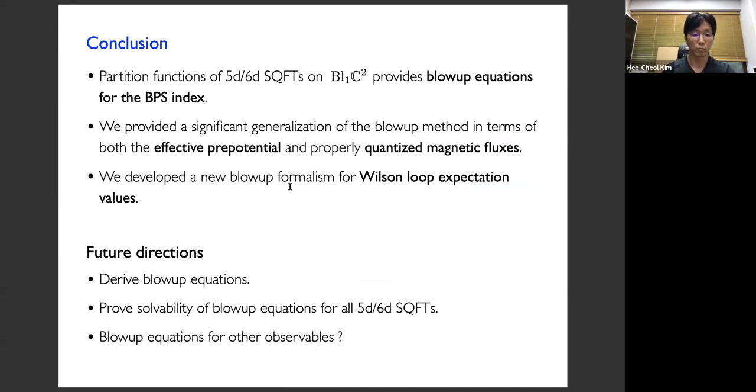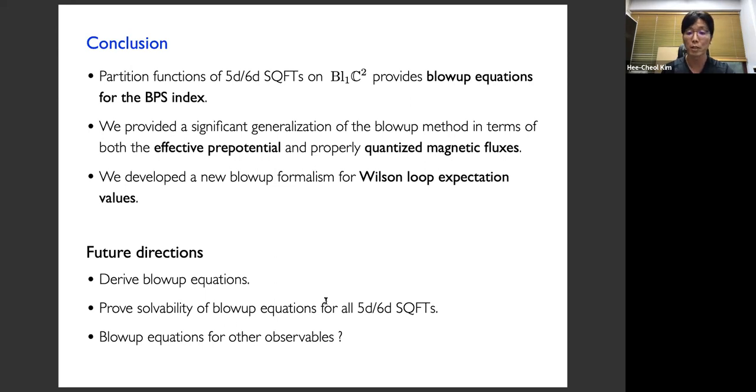We also introduced a new blowup formalism for Wilson loop expectation values in these theories. As I said, we haven't derived the blowup equation from first principles, so it's worth doing such a computation to show there is no ambiguity, like the discrete ambiguity that was pointed out. I haven't tried, but maybe someone should do it.